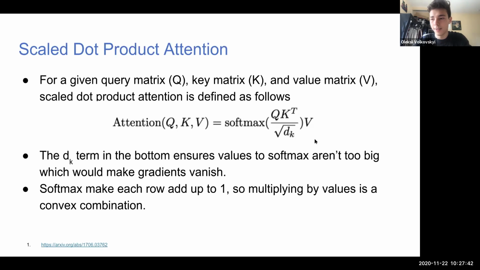So all this does is pick the rows in values for which the query corresponds most closely to the keys. And yeah, we'll go step by step in a bit.